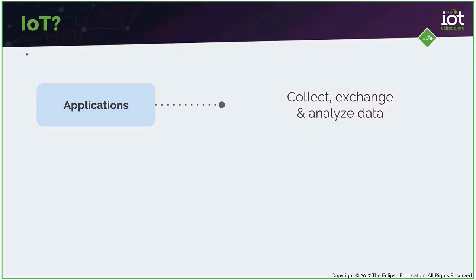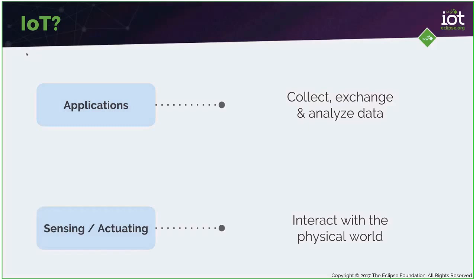And at some point you will need to put sensors on them that will allow you to sense the physical world, and maybe you will indeed create a connected dog collar or whatever other kind of connected device.